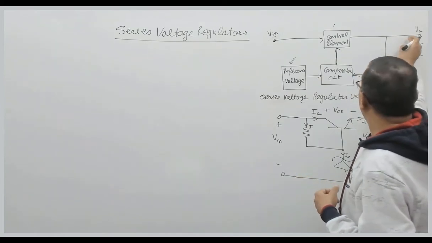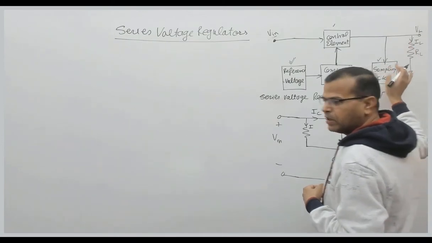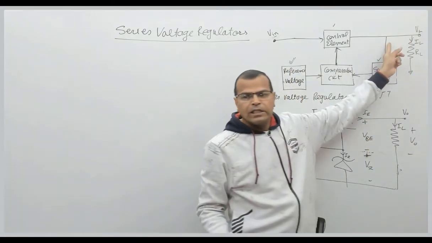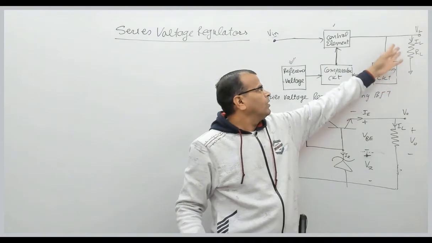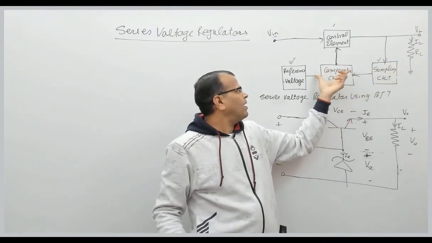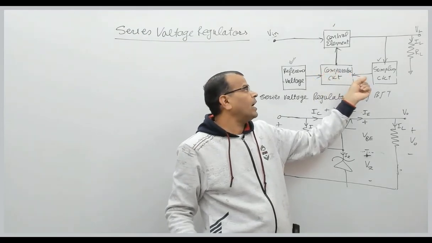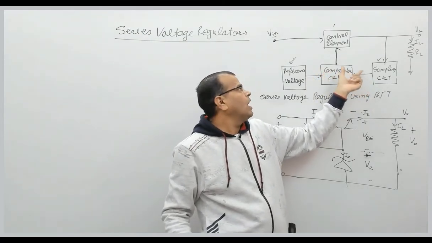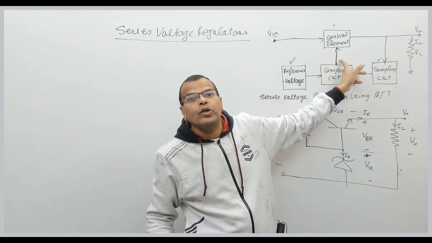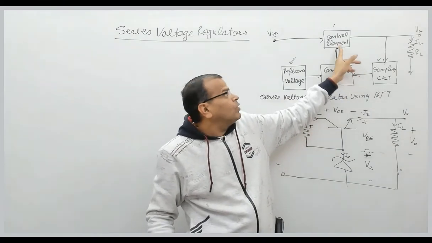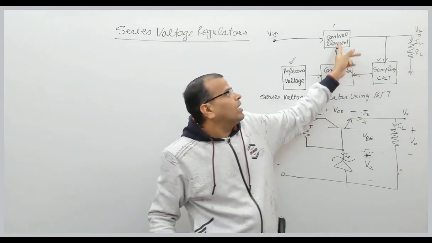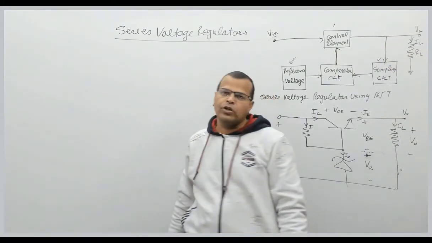So the actual output voltage is sampled here, and the comparator circuit compares the reference voltage and the actual sample from the output, and accordingly generates a control signal which is given to the control element, and this control element controls the voltage across the load.